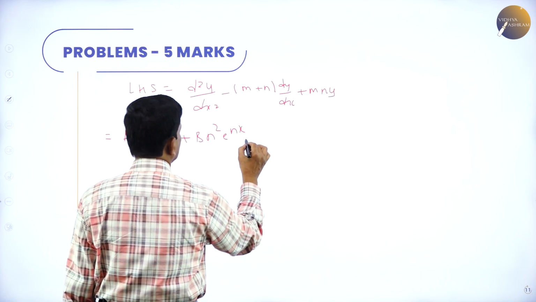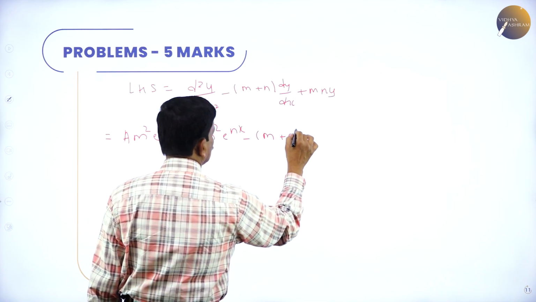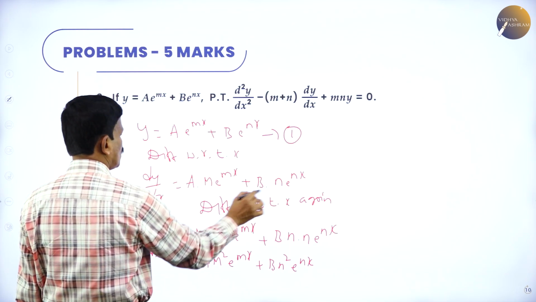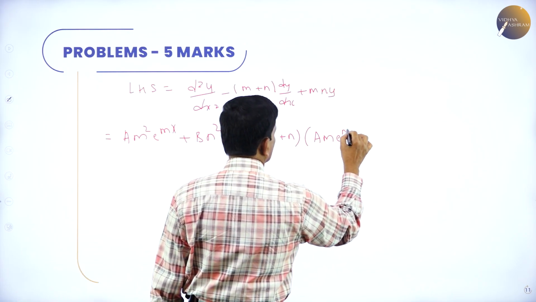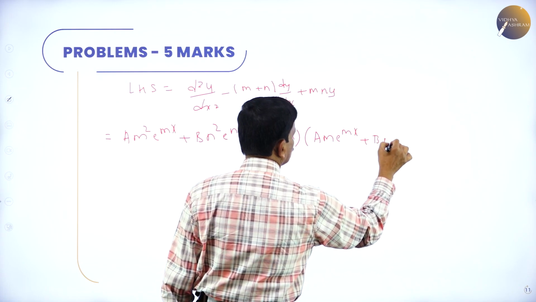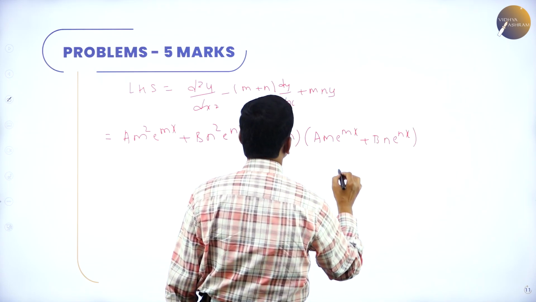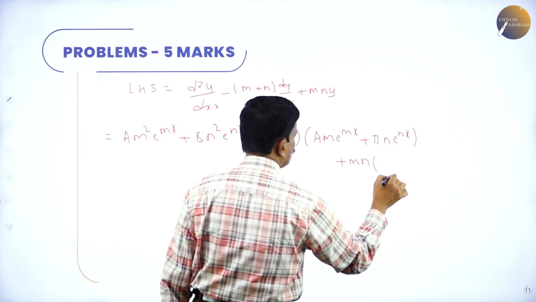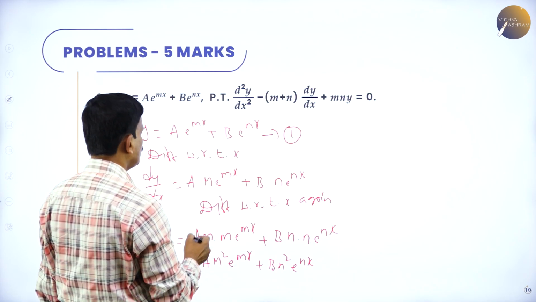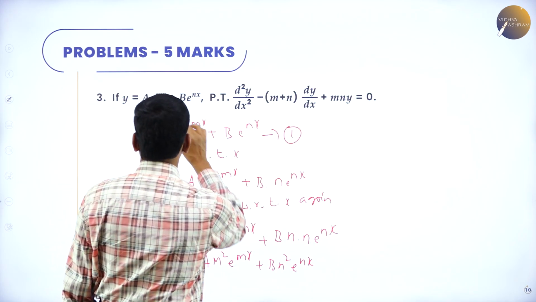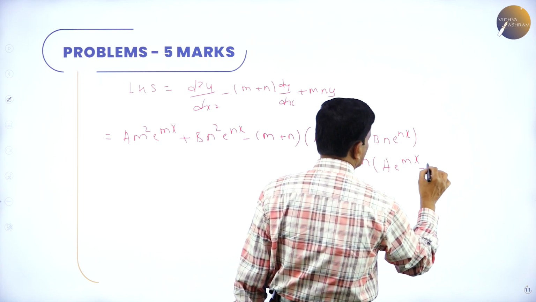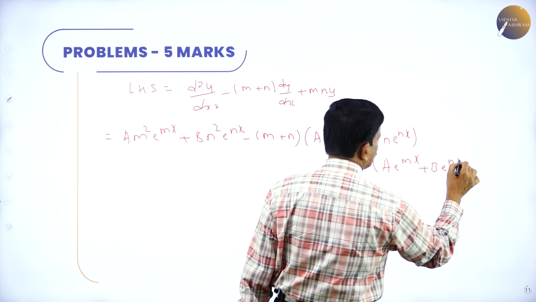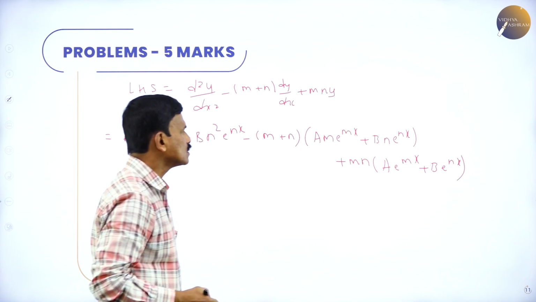Next, minus (m plus n) into, what is dy by dx? dy by dx is a into m e to the power of mx plus b into n e to the power of nx, plus mn into y. What is y? Y is equal to a into e to the power of mx plus b into e to the power of nx. That's it.